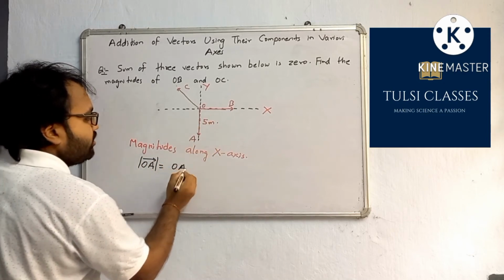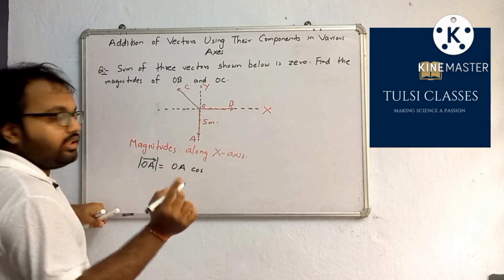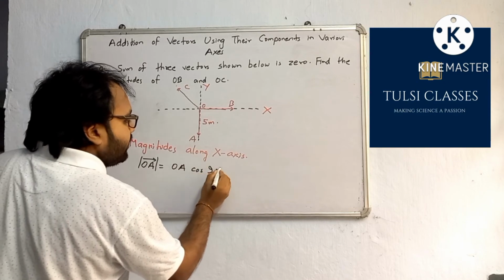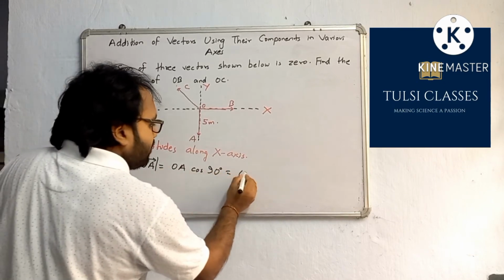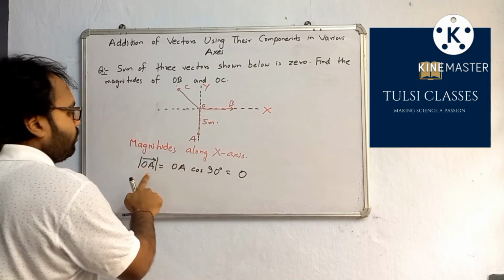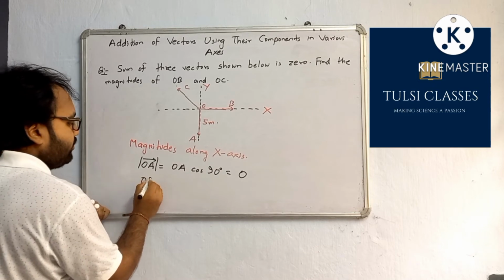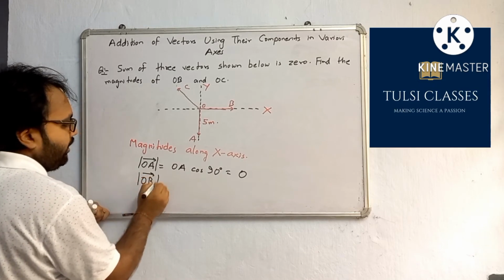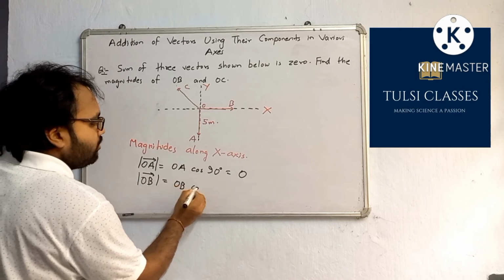We will write the magnitude of OA cos. Along the x axis it is making a 90 degree angle, we can see, so cos 90 degree. Now we all know cos 90 degree is 0, so this will become 0. The magnitude of the OA vector along the x axis is 0. Now OB, this is the vector OB, its magnitude along the x axis will be OB cos.